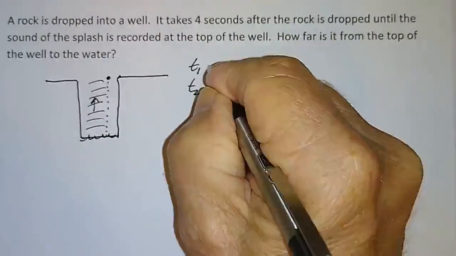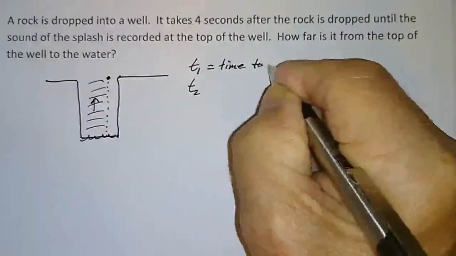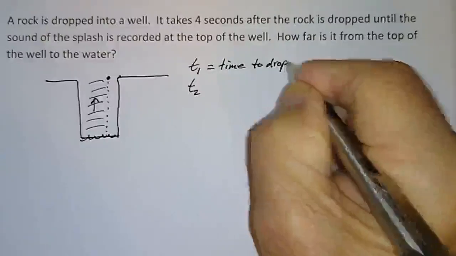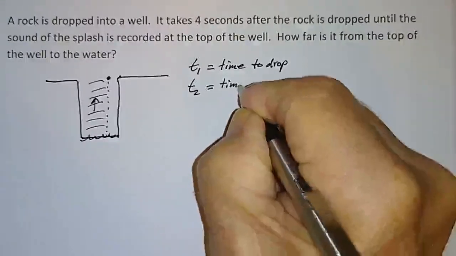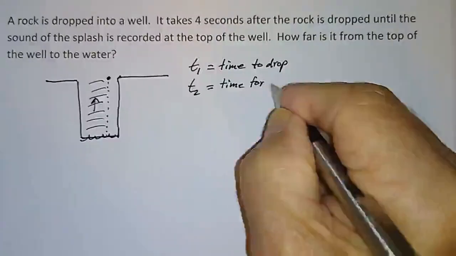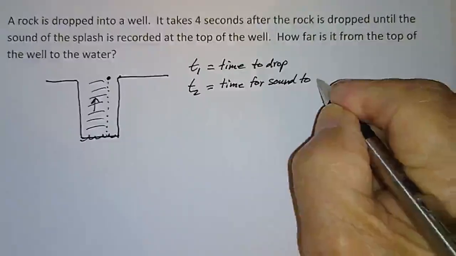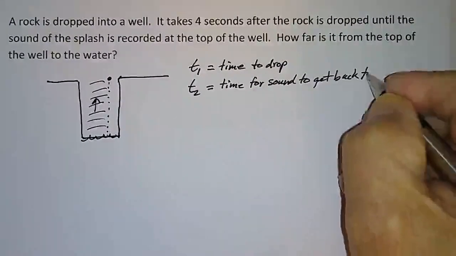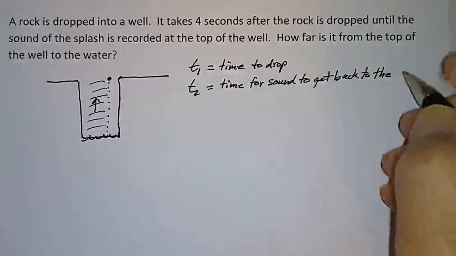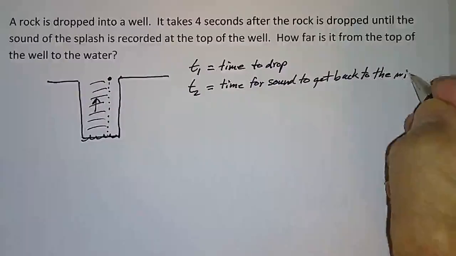So T1 is the time to drop, and T2 is the time for the sound to get back to the mic, or rather to the place where it can be recorded.